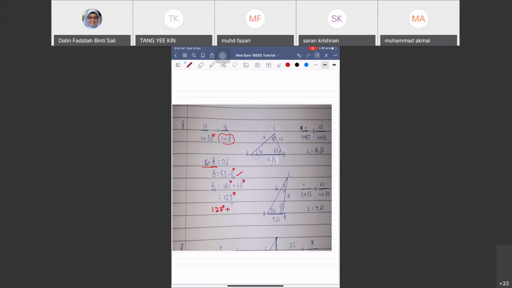You add it with the given angle from the question, and it is still less than 180. So there are two triangles. Another one is B2, so you consider both, and then you just solve one by one to get your C.